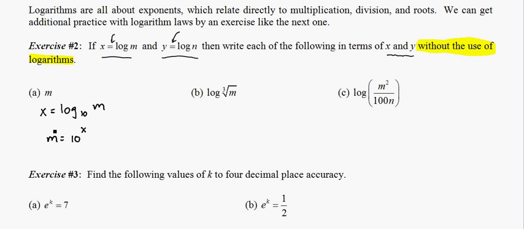So saying that x is equal to the log base 10 of m, which is this statement, is exactly the same as saying that m is equal to 10 to the x. And that fits the bill, right? We're now in terms of x, and there's no logarithms. All right, so let's take a look at the next problem.